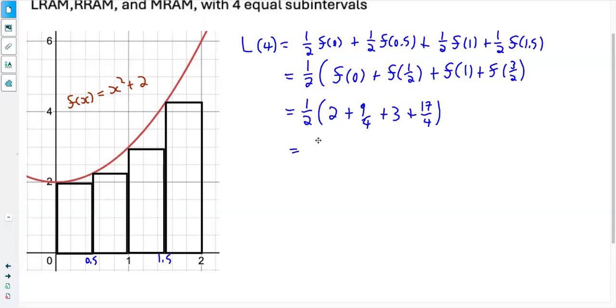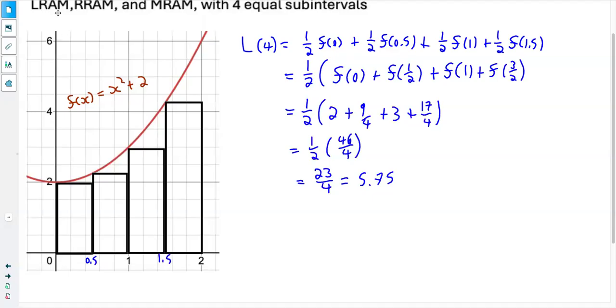So that gives us 1/2 times 46/4. Now, simplifying this gives us 23/4, or we can write that as 5.75. So that was our L round with that equation.